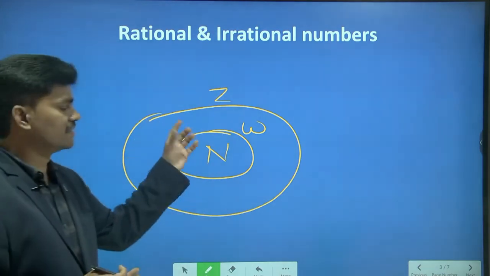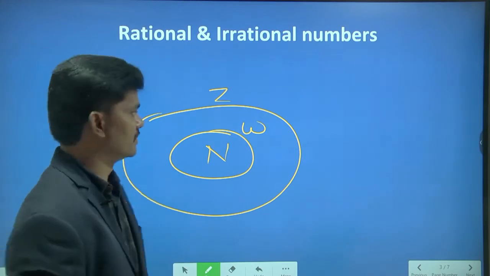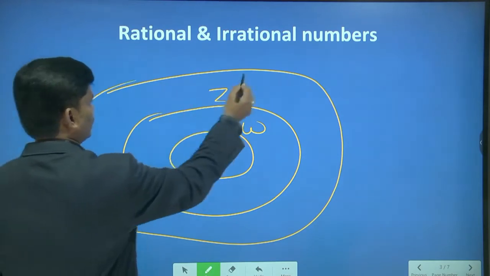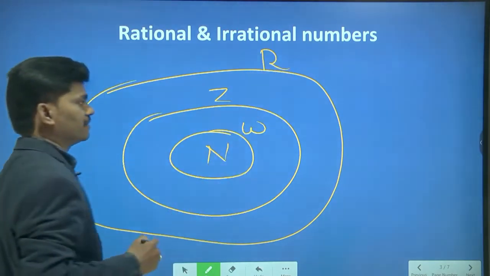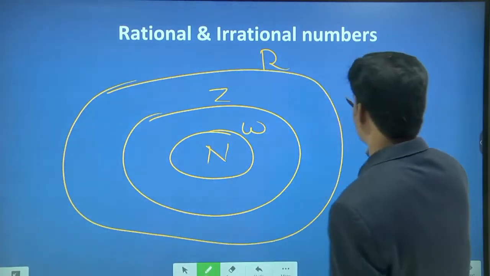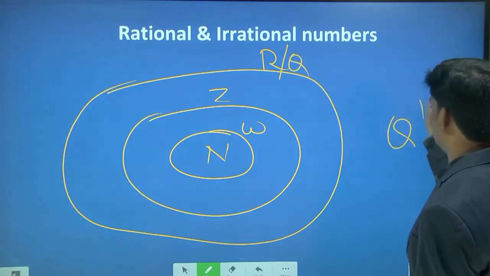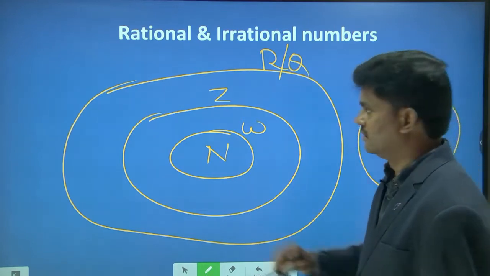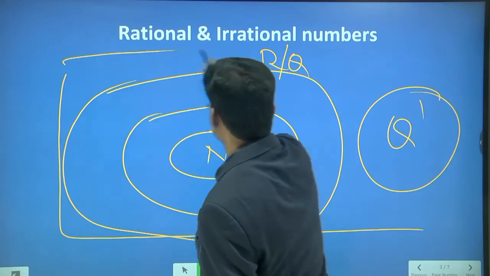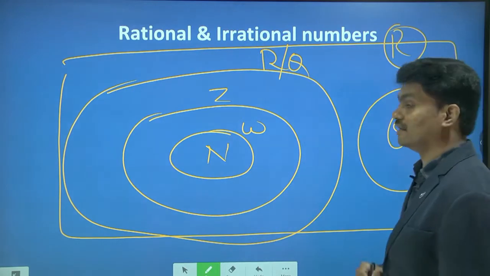If I add negative counting numbers to whole numbers, we get integers. Then what about rational numbers? All of this together we can call rational, and there is a separate set, irrational. Rational numbers are denoted by the letter Q and irrational numbers by Q dash. All together we call them real numbers, R.